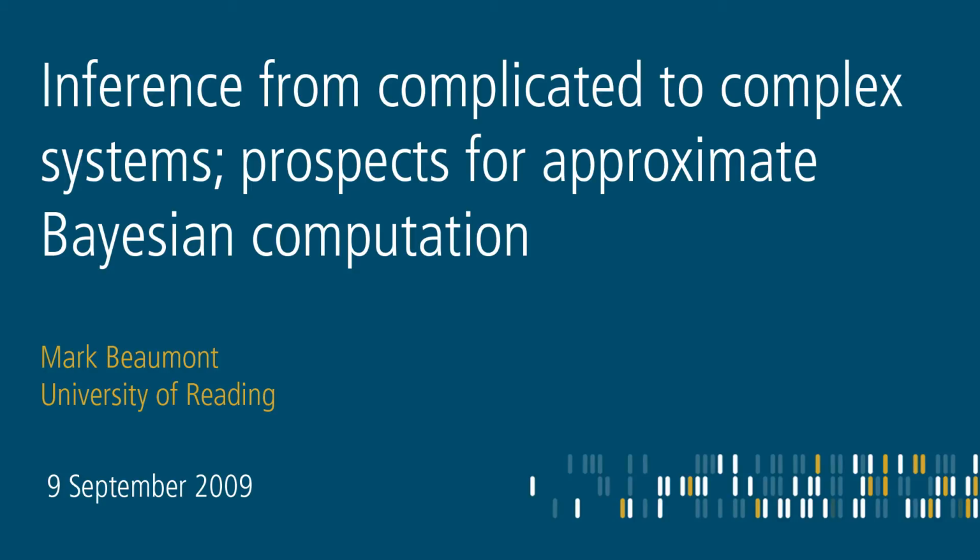And simply because of conditional independence, the posterior distribution will factorize, and so you've got, if you like, the posterior distribution of alpha given x multiplied by the product of all these.